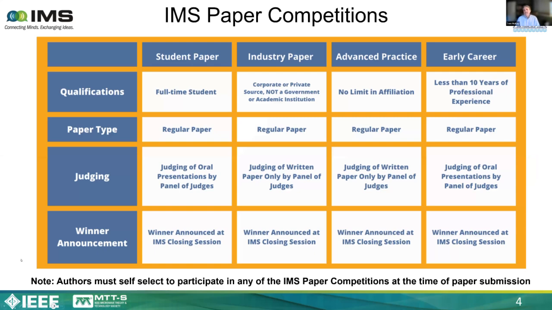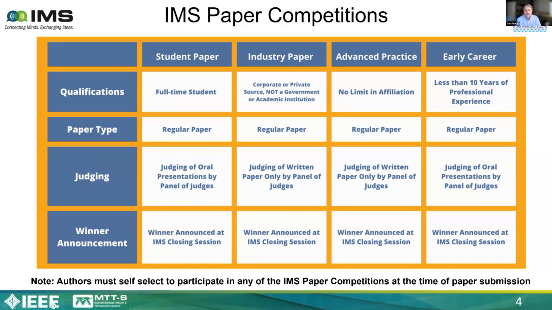So I want to say a few words about the IMS paper competition. Across the top, you can see we have 4 paper competitions. And then down the left, you can see the qualification of the author and what type of paper it is. They're all regular papers as opposed to other types of interactive forum, that sort of thing.